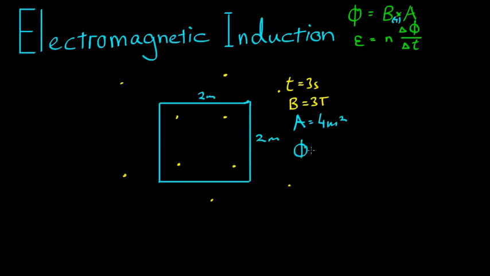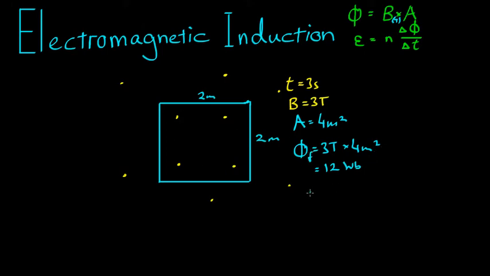And we find the flux by multiplying the magnetic field strength, or the magnetic field line density, B, which is 3 Tesla, by the area, 4 meters squared. And we get 12 Tesla meters squared, or more commonly, 12 Webers. So that's the final flux we had.